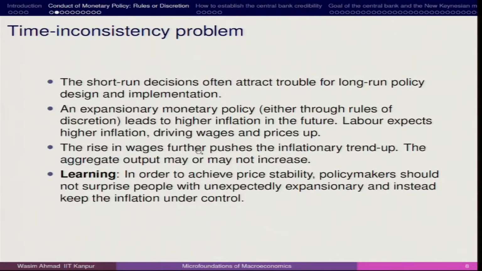So, if you are going for immediate reaction to every shock, then this will create long term implications on the functioning of the economy. So, this is what we always try to understand.